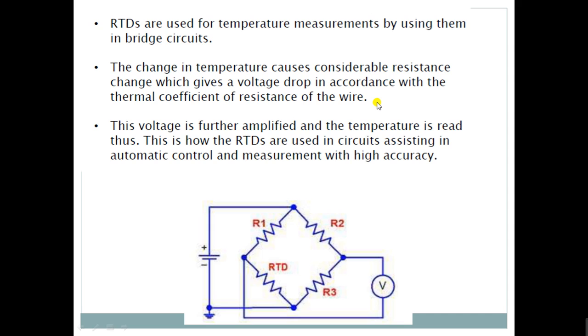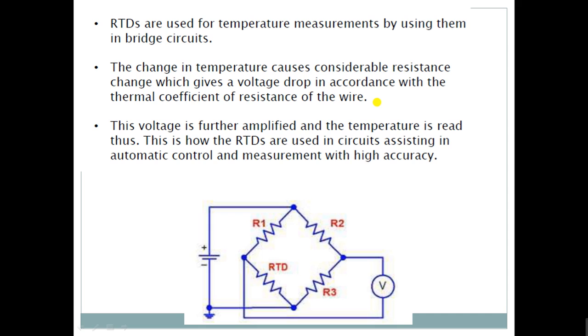So RTD detects the temperature in terms of resistance. That RTD device is connected in a Wheatstone bridge. Normally the Wheatstone bridge is in a balanced condition, meaning the voltage measured by this voltmeter is 0. Now when temperature increases, the resistance of the RTD device also increases.